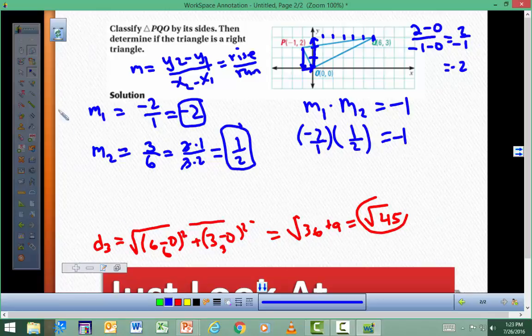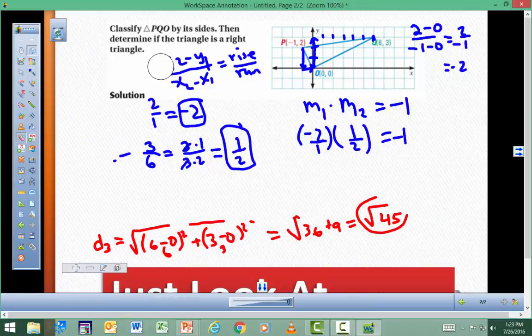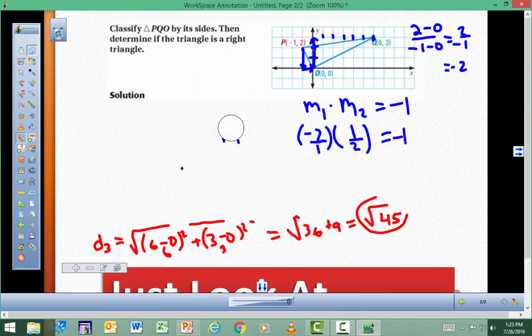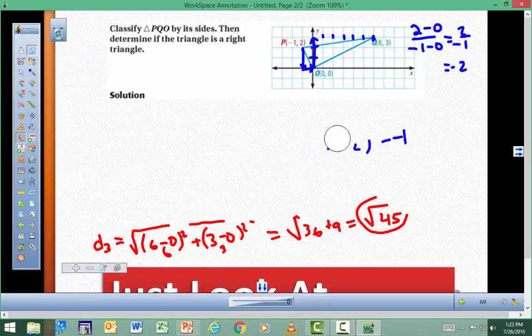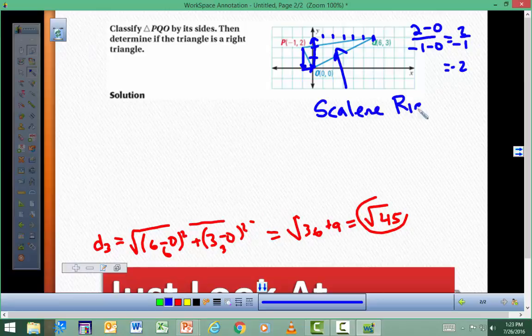We can make the full conclusion now on this triangle. We can classify the triangle by its number of sides and also by its angles. So the final conclusion we would have for this triangle right here, we would say it's a scalene right triangle.